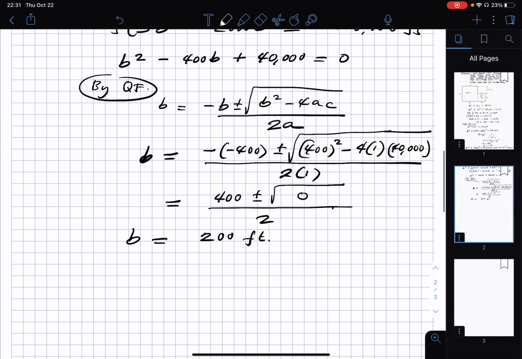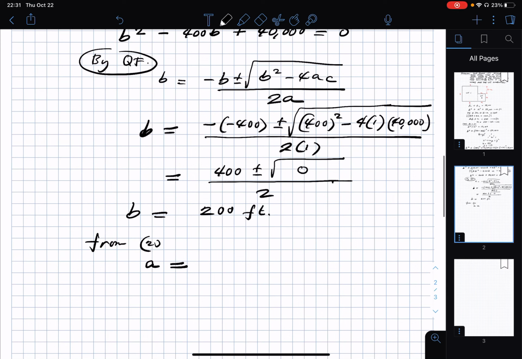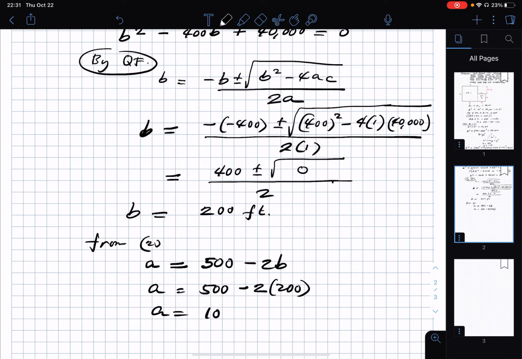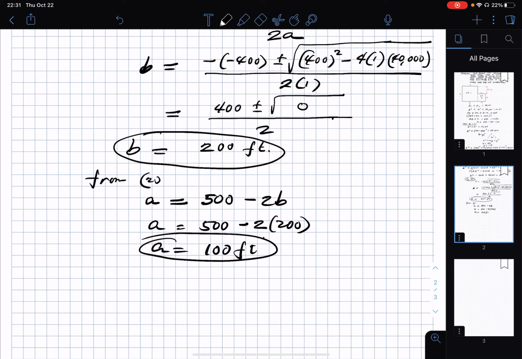Okay, equation 2, A is equal to 500 minus 2B. A is 500 minus 2 times 200. So A is 100 feet. Okay, the value of B and the value of A.